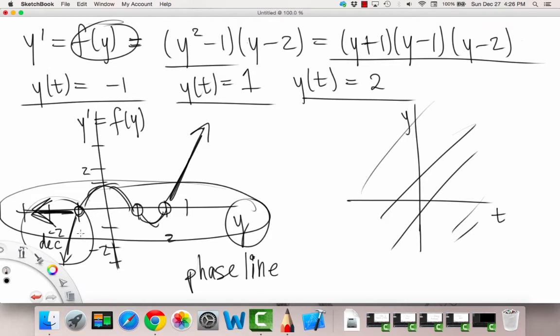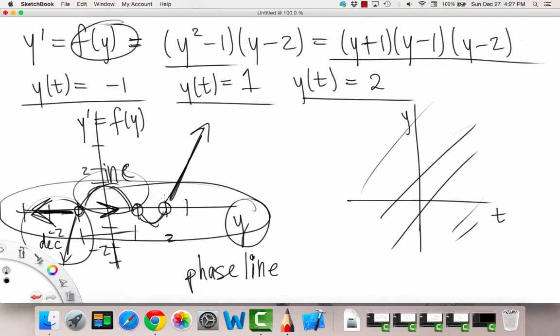Now let's look at this interval, -1 up to 1. Our f of y, which is y prime, which tells us our slope at any given point, is positive, which means that our function must be increasing, meaning that our y is increasing. So now the arrow is pointing this way on this interval.